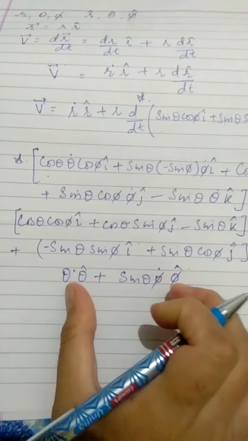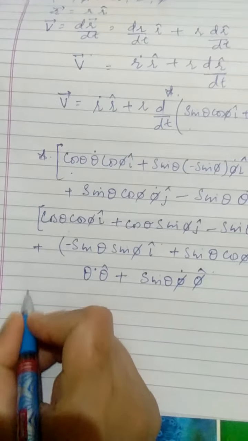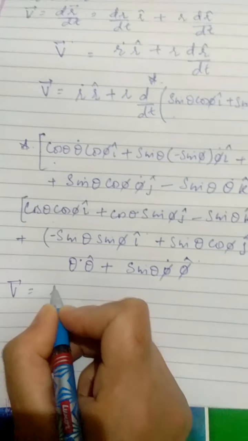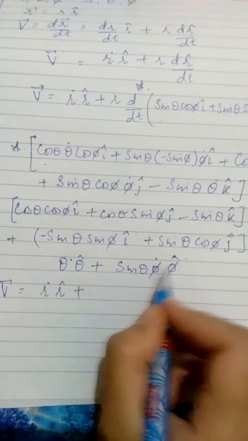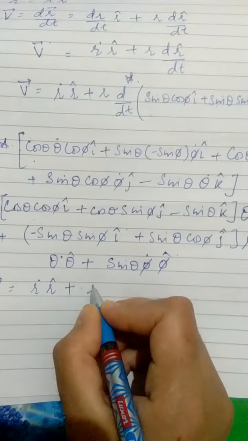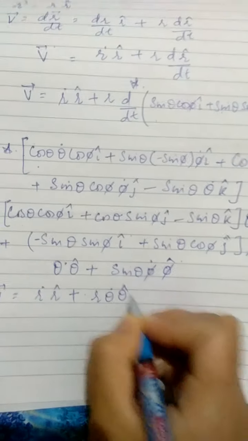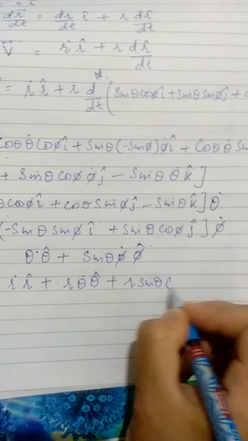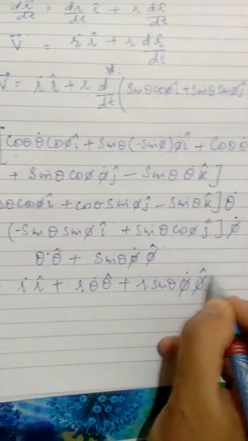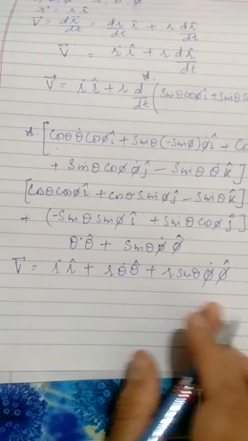Now let us substitute this value over here. We get the expression for velocity is r dot r cap plus, of course you need to multiply this by r, so it is r theta dot theta cap plus r sine theta phi dot phi cap. So this is the expression for velocity.